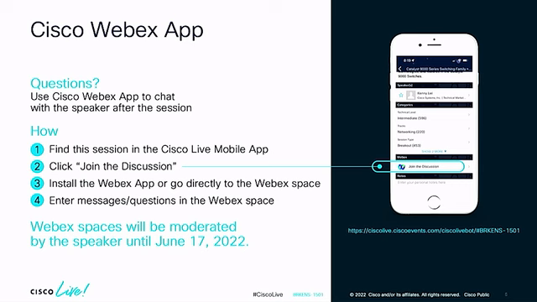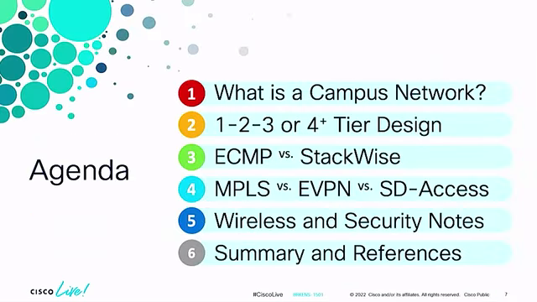Okay, so with that out of the way, let's take a look at the agenda. What we're going to cover today, again, is the basics of campus wired design. We're going to start with the basics. What is a campus? 1, 2, 3, or 4 tier design, right? Because you could have, well, I don't know too many 1-tier designs to be fair, but usually it's 2, 3, or 4. We'll take a look at some high availability technologies that we typically see within the campus, things like StackWise Virtual, ECMP, things of this nature.